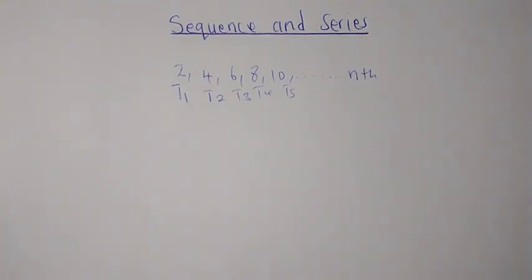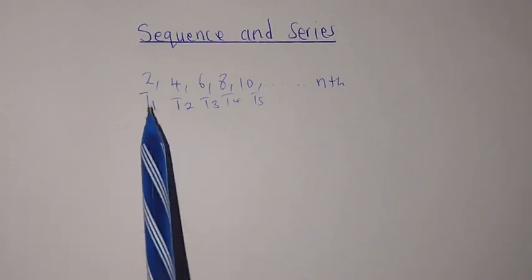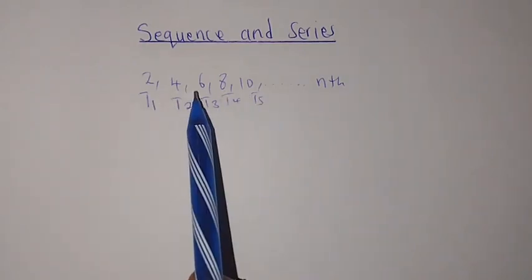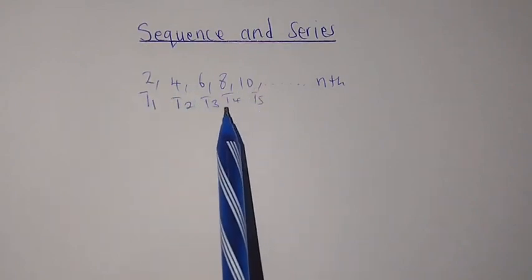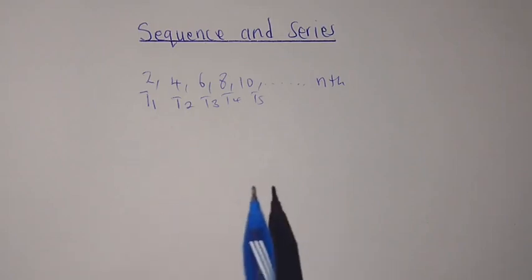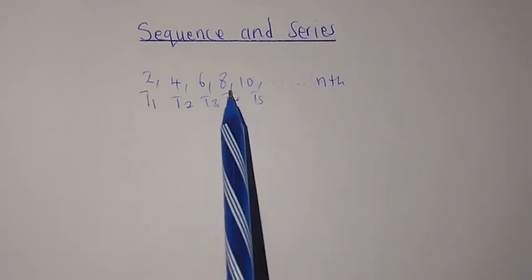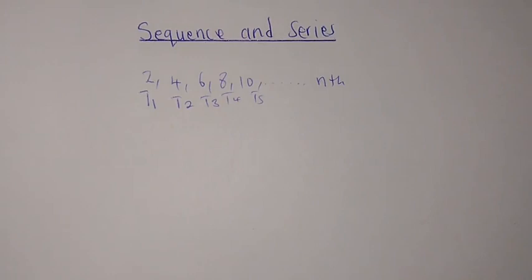These items, these numbers, we call terms. These terms can be presented by numbers, as you have seen, but they can also be presented by letters or objects.